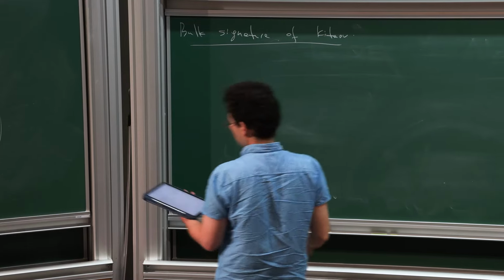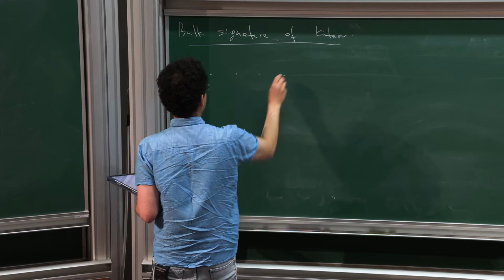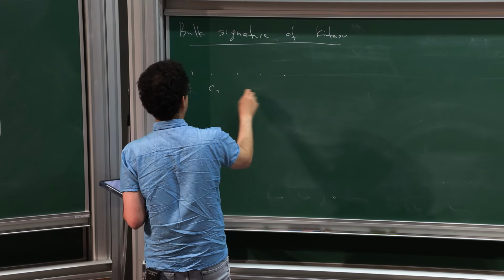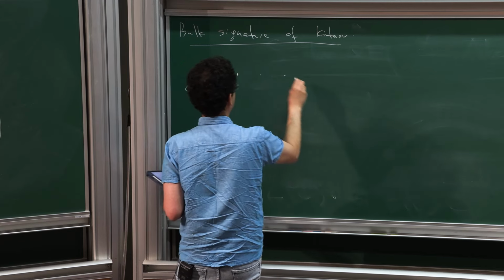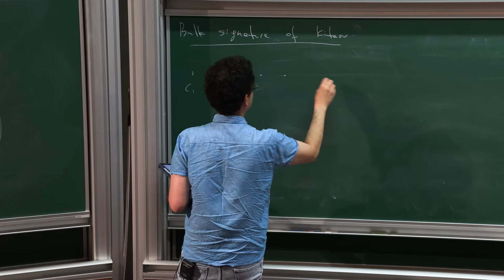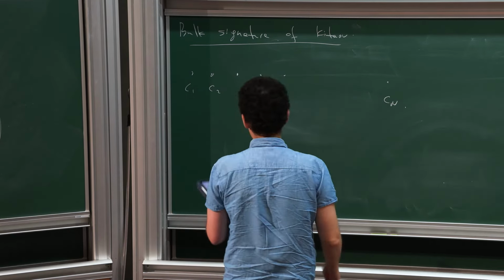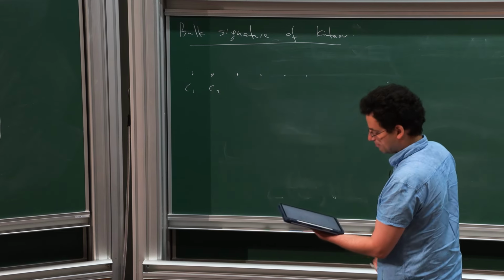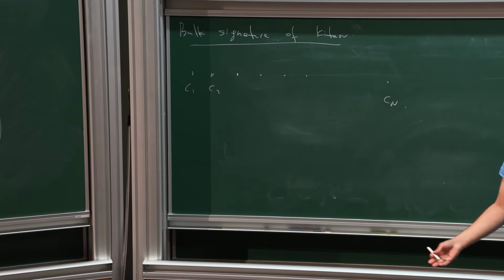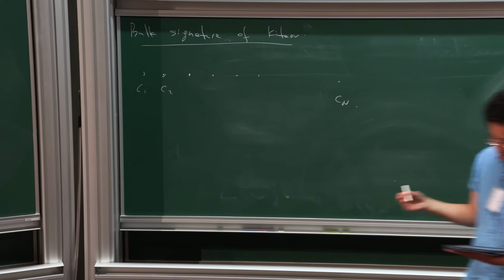So what we are going to do is, now I'm going to draw, begin by drawing just the fermionic sites of the model with the fermions living on them. And then here is c_n. And what we are going to do is couple the system to a background connection for the only symmetry that we have in the game, which is fermion parity.